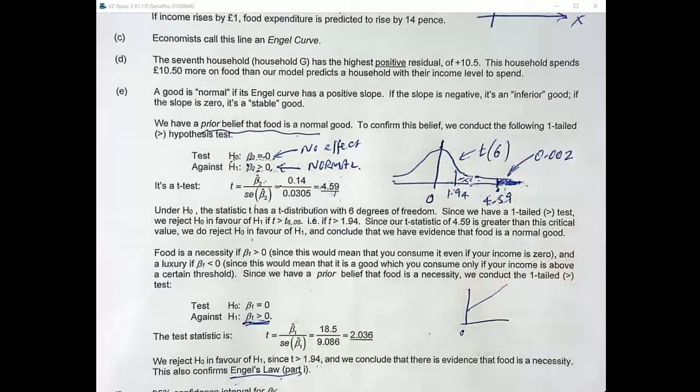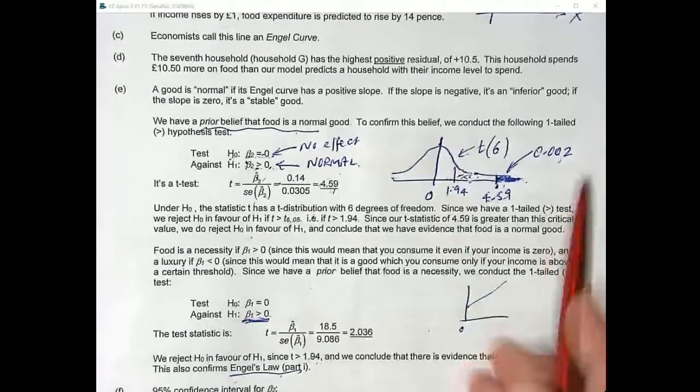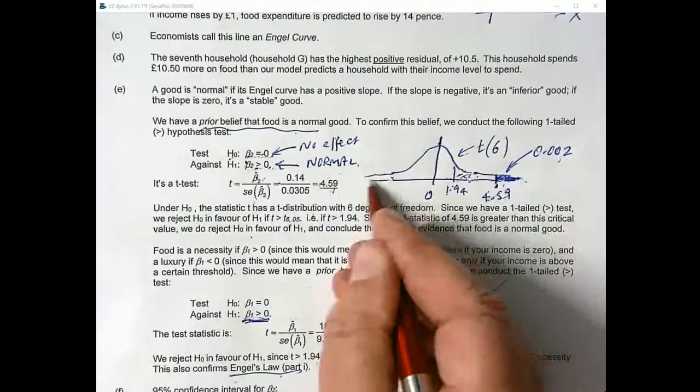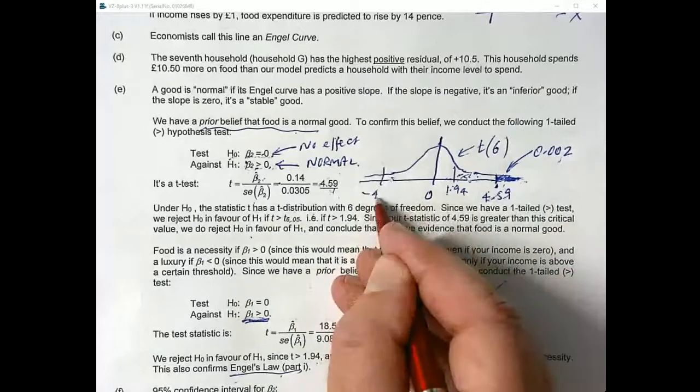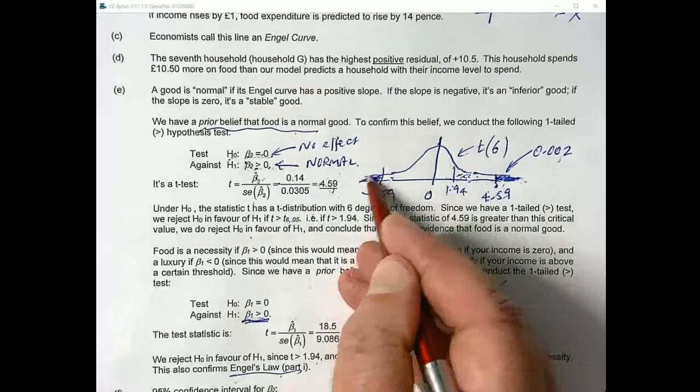Now in Stata, when you do all this as we just did, the number that you see in that p-value column is not 0.002, it's 0.004, because Stata gives you two-tailed p-values. Stata will always give you the two-tailed p-value.